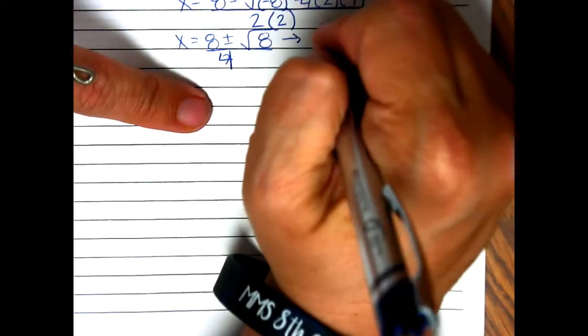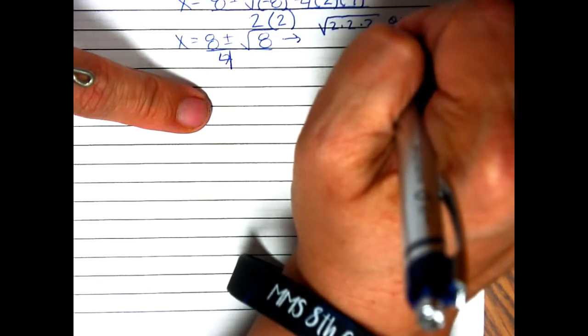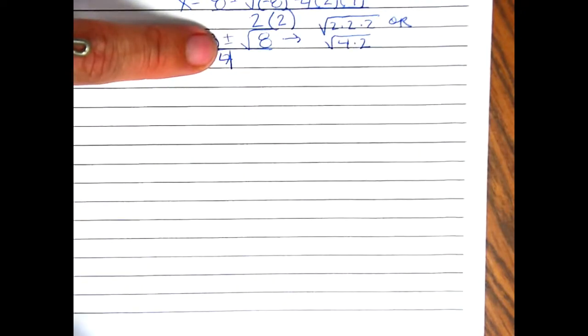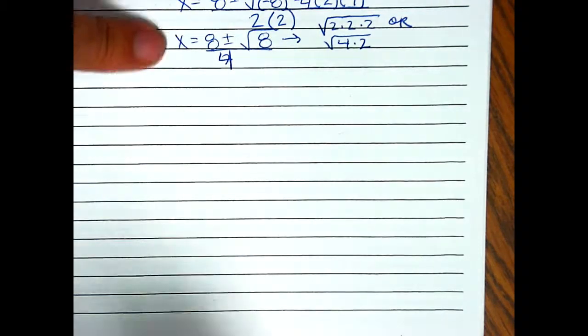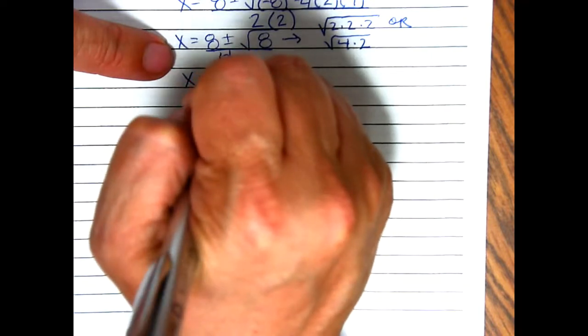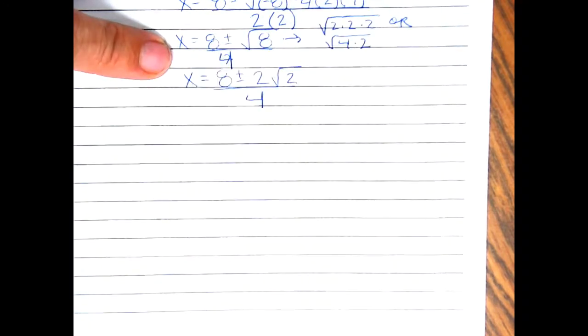That is either 2 times 2 times 2 or 4 times 2, depending on how you like to simplify your radicals. So x equals 8 plus or minus 2 radical 2 over 4.